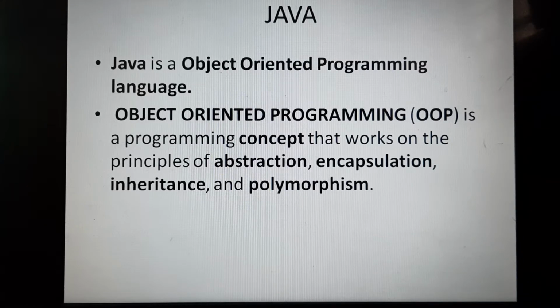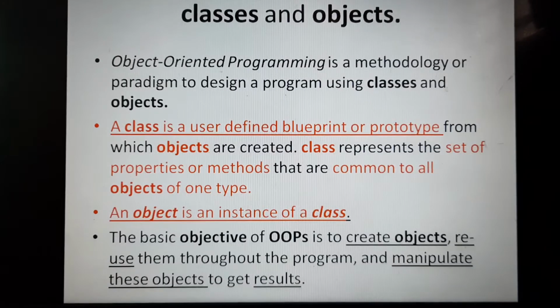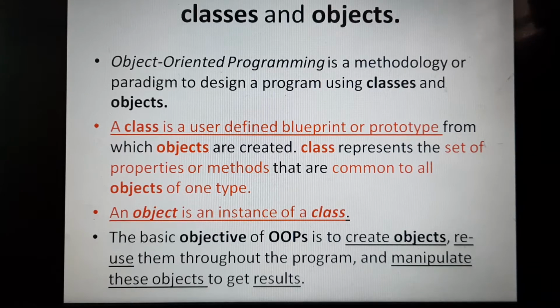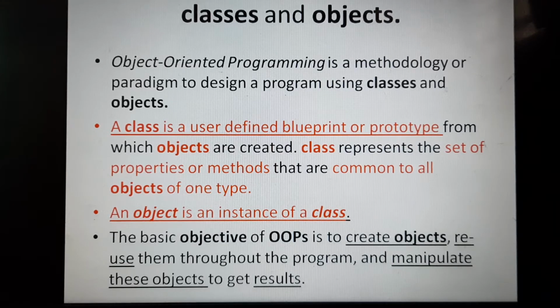So our main objective is how we follow these principles using an object oriented programming language like Java. Now whenever we want to understand the details of this object oriented concept, we have to know two things clearly.